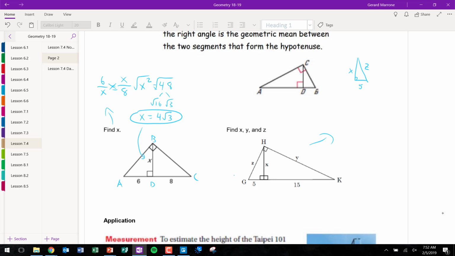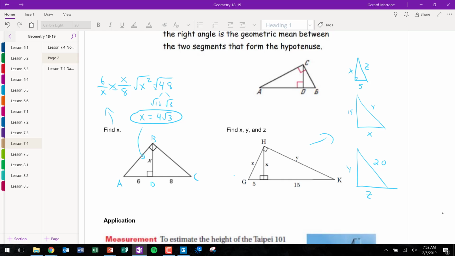I'm then going to draw the medium one, which has x, y, and 15. And then I'm going to draw the biggest one. And that one has z. 5 plus 15 is my hypotenuse, so my hypotenuse is 20. And then I've got y for my other leg there.